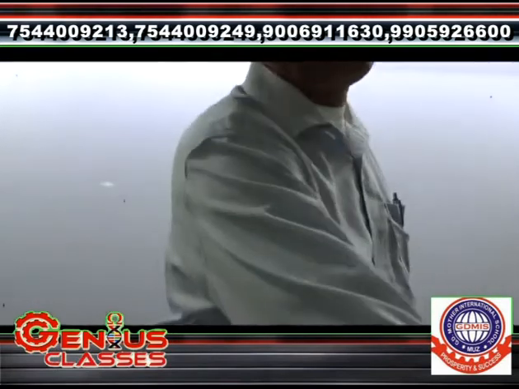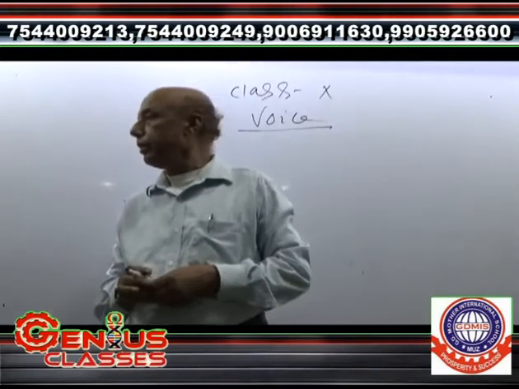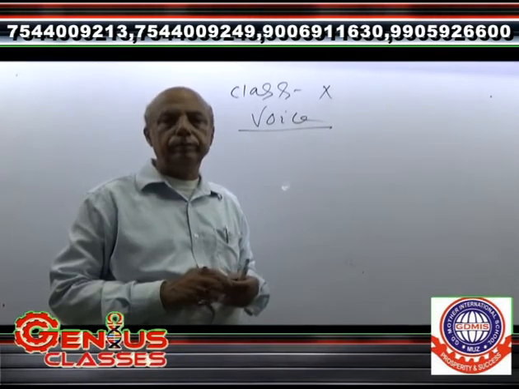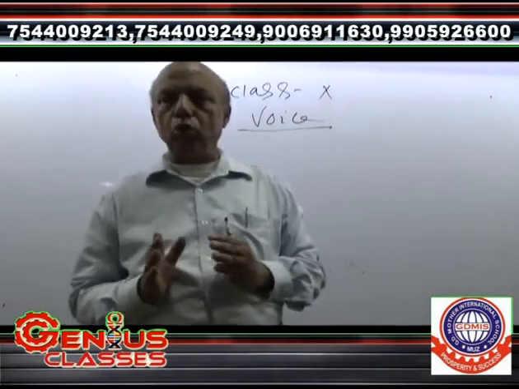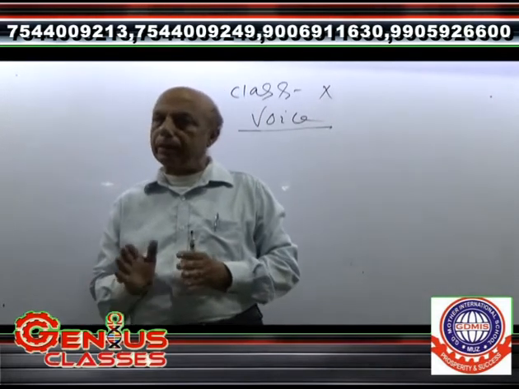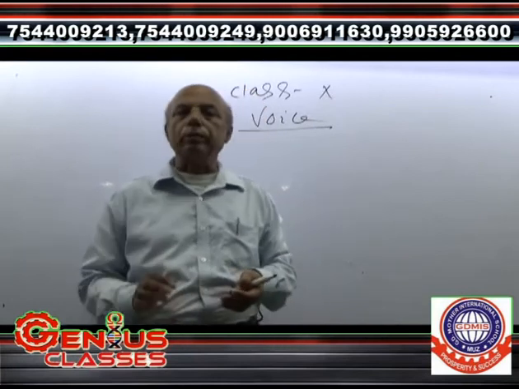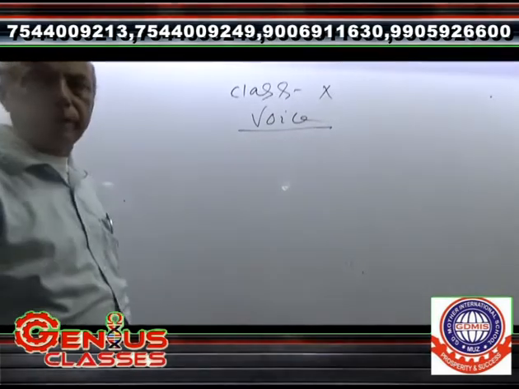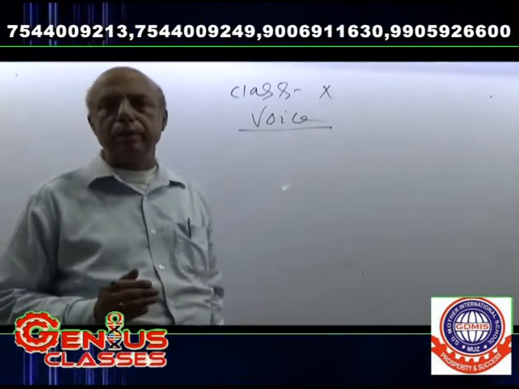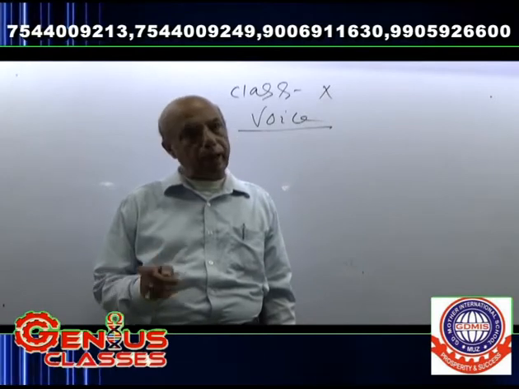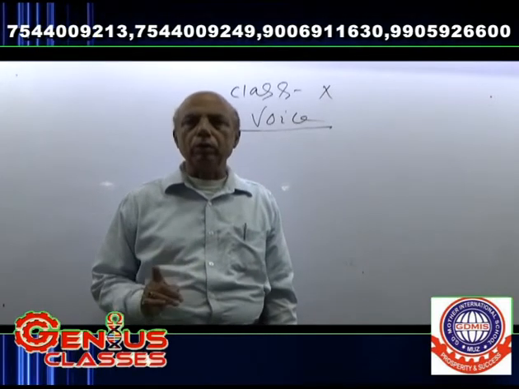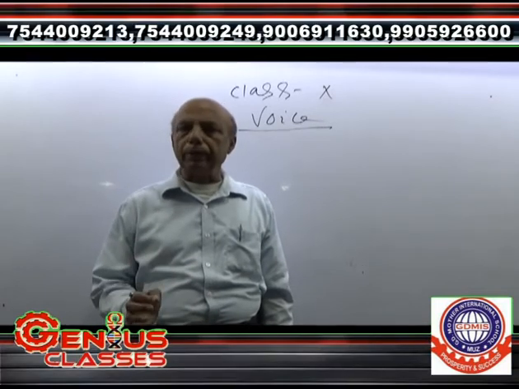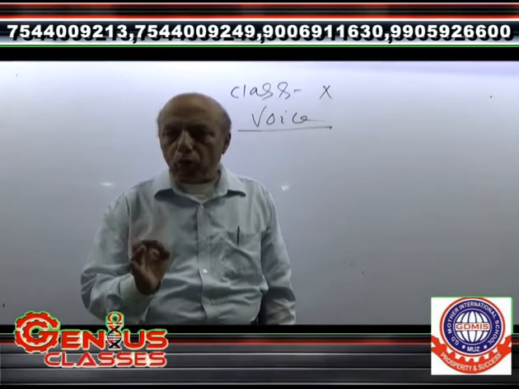Some of the sentences that start with who in active voice, those type of sentences are made from active into passive by using by whom. Again I am telling, some of the sentences that begin with who in the active voice are changed from active into passive with the help of by whom.